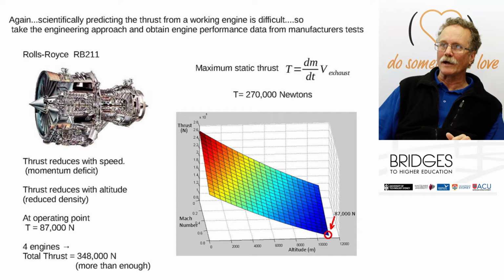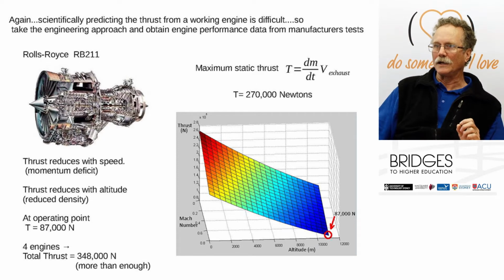Unfortunately, that is what happens at sea level on the ground. So when we look at manufacturer's data, we look at the operating point, which is our speed at around about Mach 0.8, at altitude of around about 11 kilometres, we find that because of the lower density of the air up there and the fact that we're going so fast, we're not getting the exact performance at sea level.